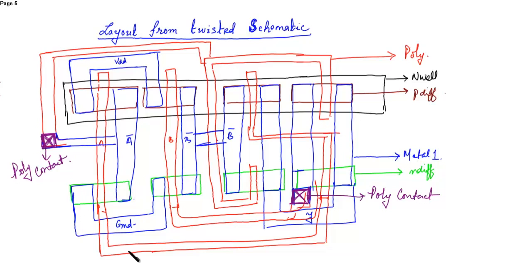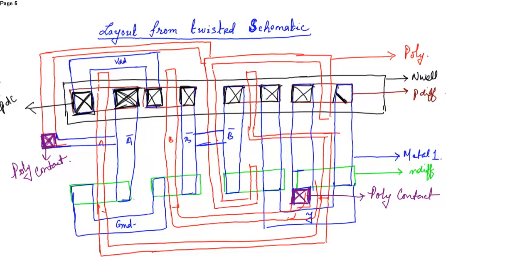Now you have to place the contacts. So this is the P diffusion contact, PDC contact. This is the P diffusion contact, P diffusion. So all these are the P diffusion.